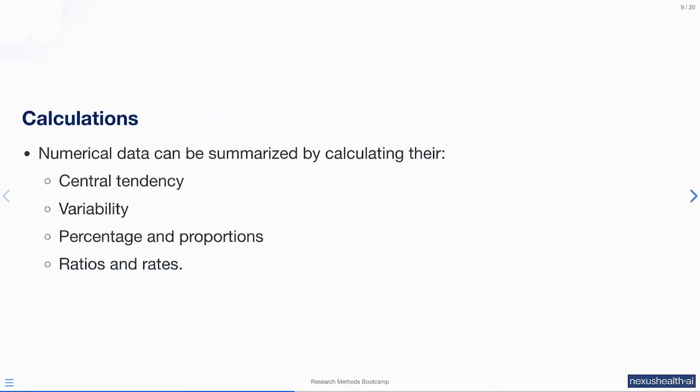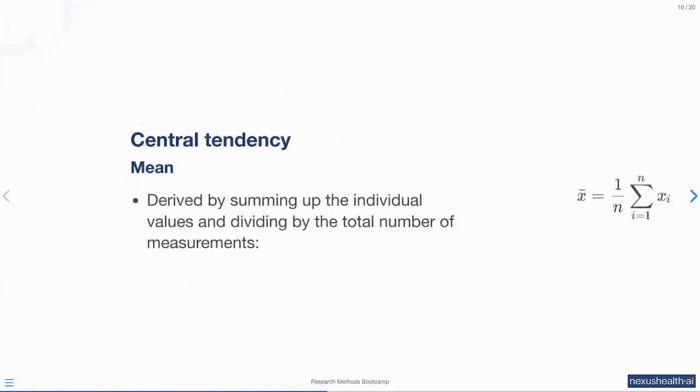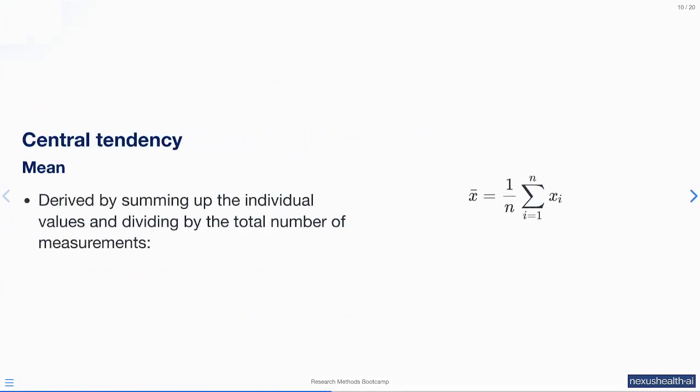Calculations. Numerical data can be summarized by calculating their central tendency, their variability, also by reporting percentage and proportions, and also the ratios and rates. The mean, which is the most commonly known measure of central tendency, is derived by summing up the individual values and dividing by the total number of measurements.